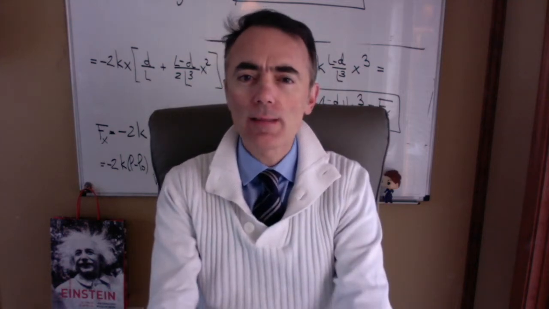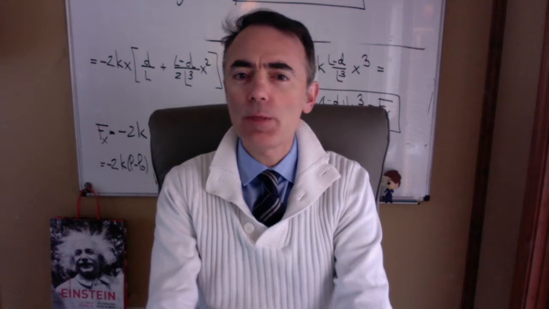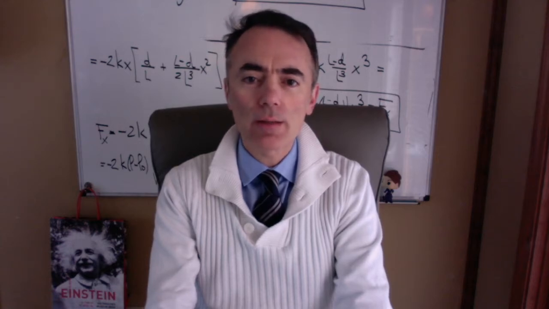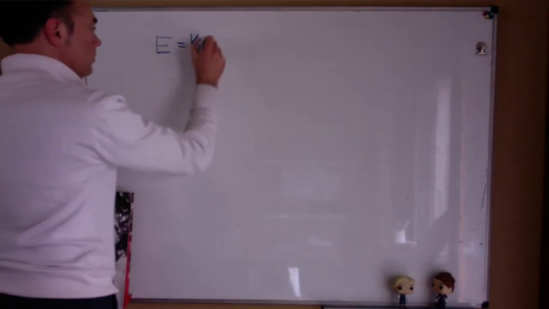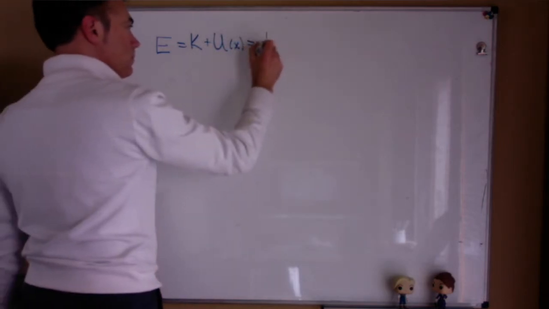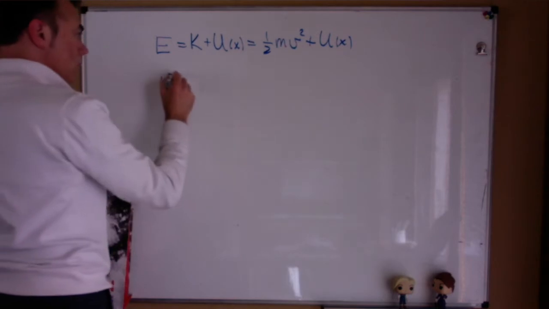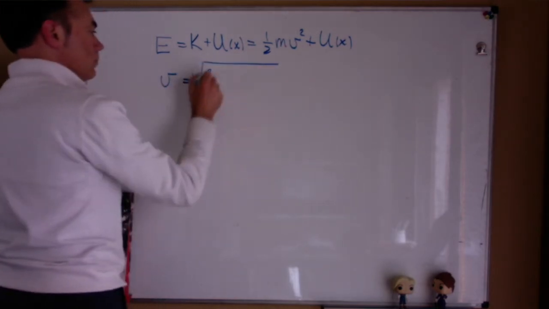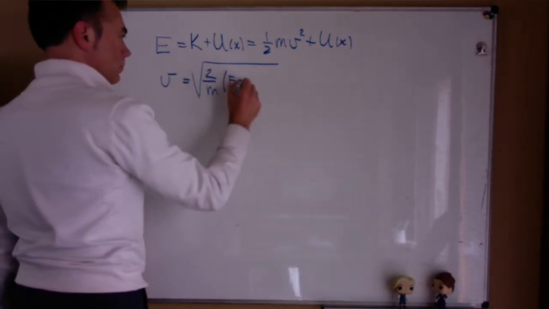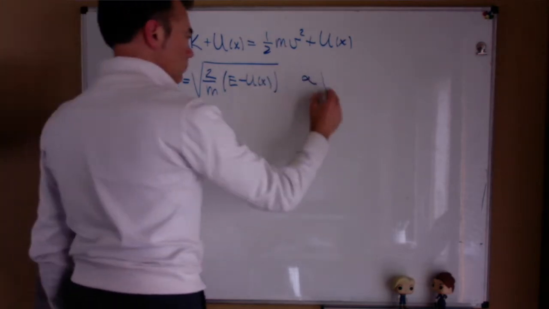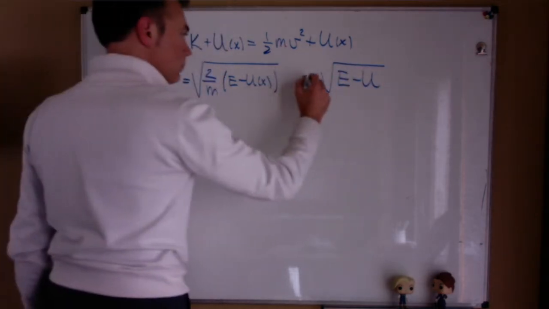In order to get the velocity of the particle, it can be interesting to extract it from the energy of the system. If the total energy is the kinetic plus the potential, then the velocity is the square root of E minus U of x. Let's start by assuming that we have a curve for U of x.